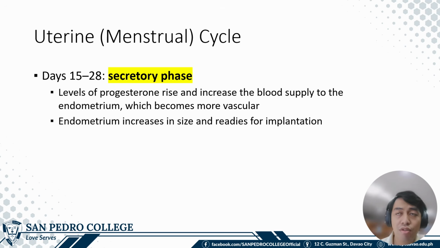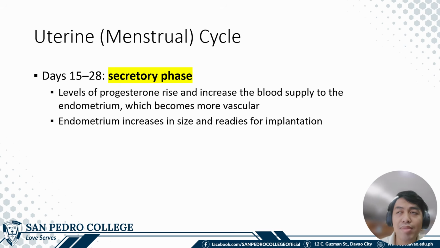Remember, on day 14, the Graafian follicle released its ovum, and the remnant is the corpus luteum. So after day 14, the remnant corpus luteum then releases progesterone, which explains the increase of progesterone levels.